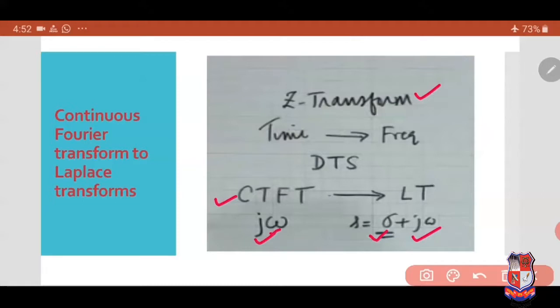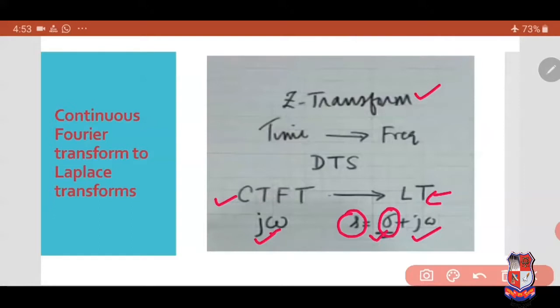It is very important to understand. We introduce the real part of the signal in the form of sigma, and that is how we go from j omega, the Fourier transform, to the Laplace transform, that is in the S domain.